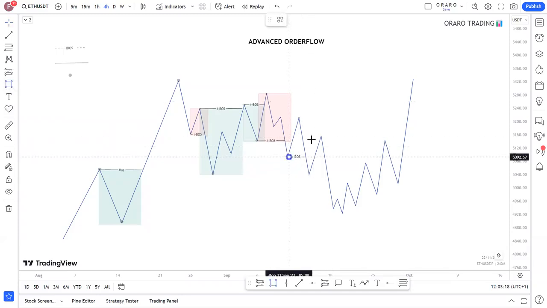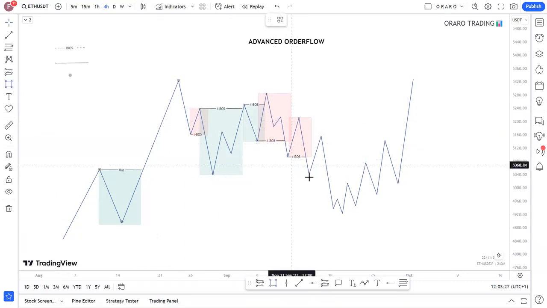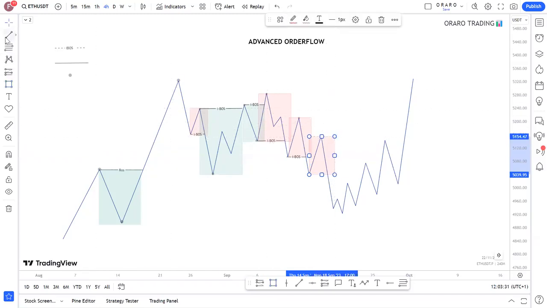Order flow is still bearish. See our price respect this order flow here. Use it as a textbook example. Then you can see again we have a new break.